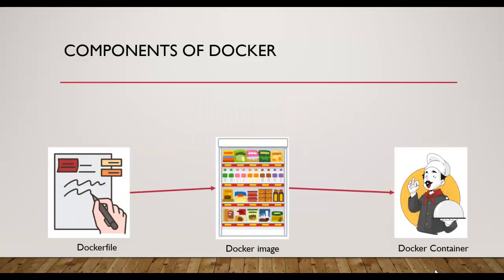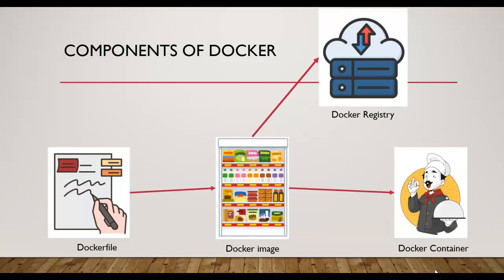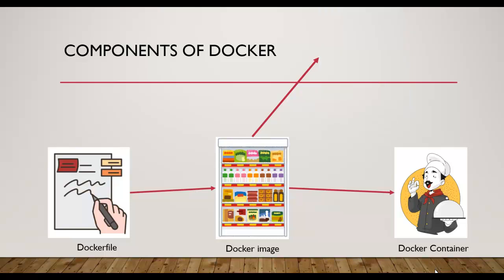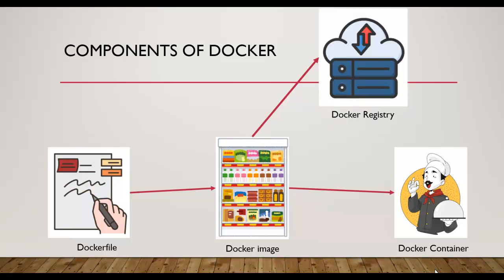So now let's move on to our next component of Docker, Docker registry. Think of the Docker registry as the warehouse or store where all the pre-packed meal kits are stored. Meaning all the Docker images are stored here at the Docker registry. It's like a central location where these kits are stored and made available for use.